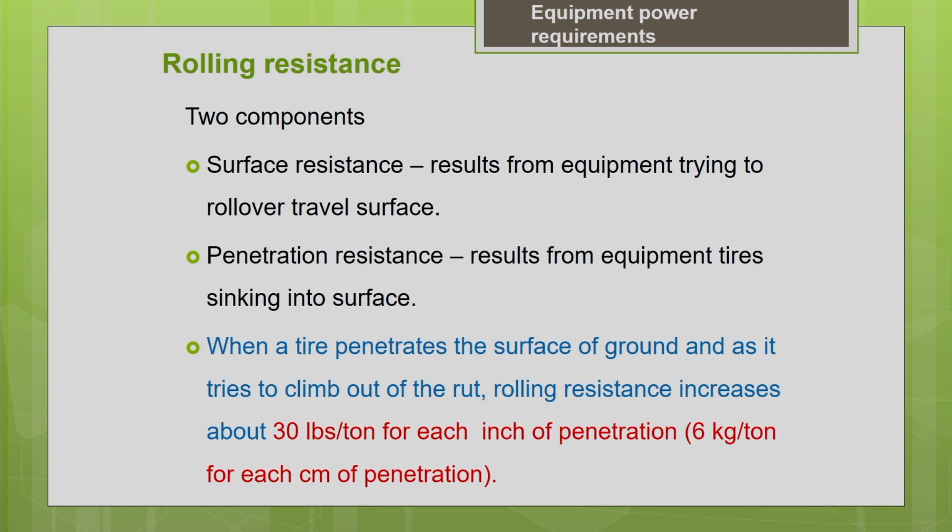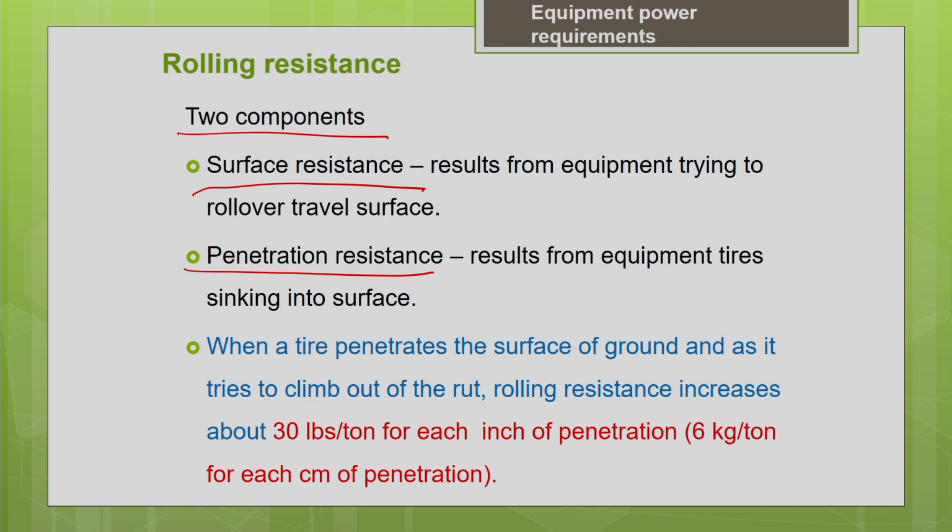What are the two important components of the rolling resistance? One is the surface resistance, the other is the penetration resistance. You can break this rolling resistance into two components. One is at the surface: the resistance encountered when the wheel is rolling over the surface, that is surface resistance.